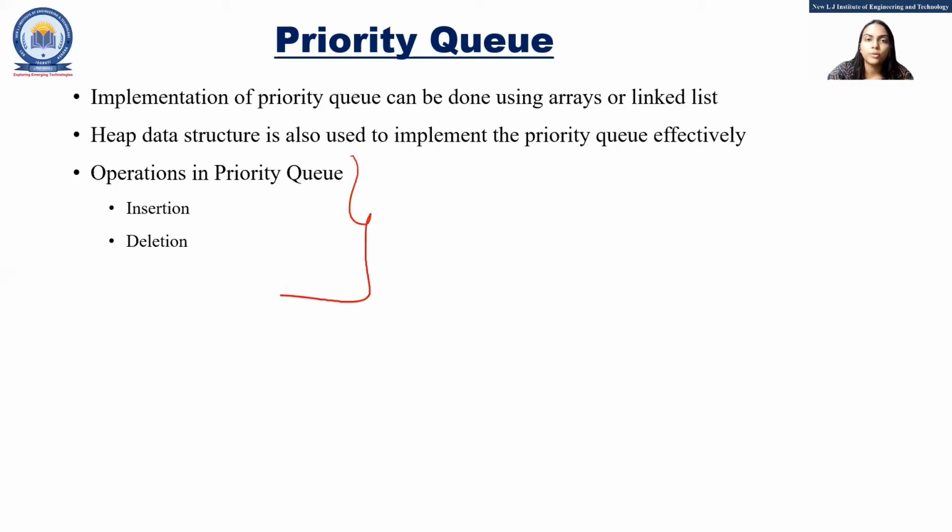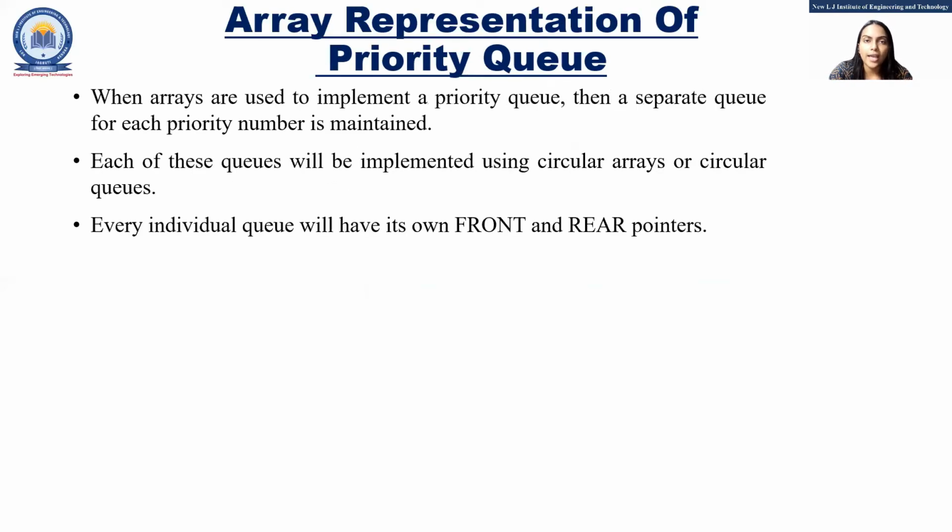Today we will look at the implementation of a priority queue, that is insertion and deletion operations, with respect to arrays. So how array representation of a priority queue is done, we will see first.